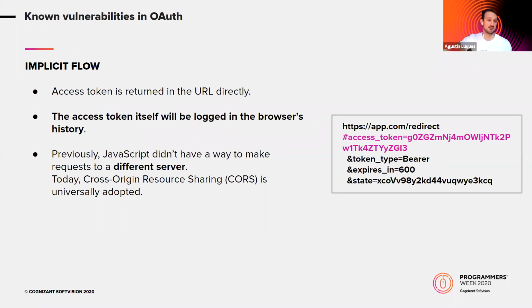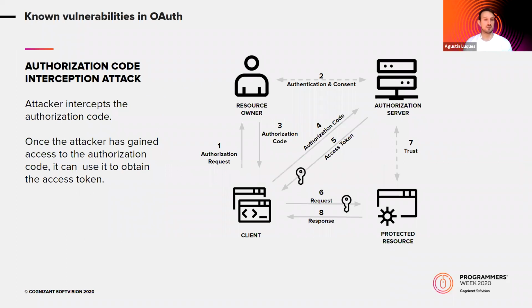But also, in the next slide we will see that what appears to be the most secure flow, the authorization code flow, can be compromised. These attacks, called authorization code interception attacks, consist of a malicious client stealing our authorization code, because the authorization code will travel in the URL.